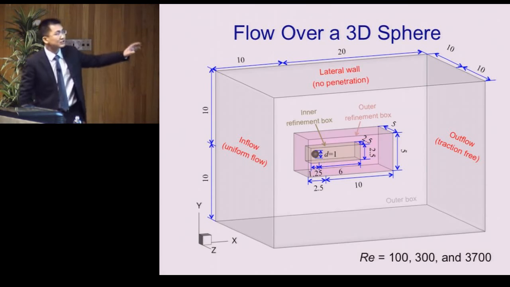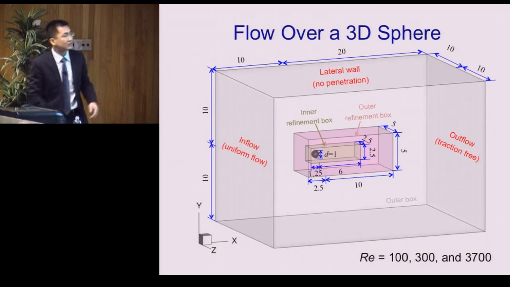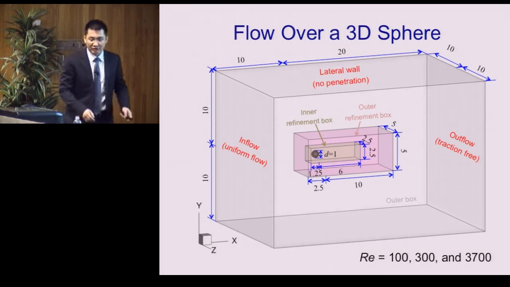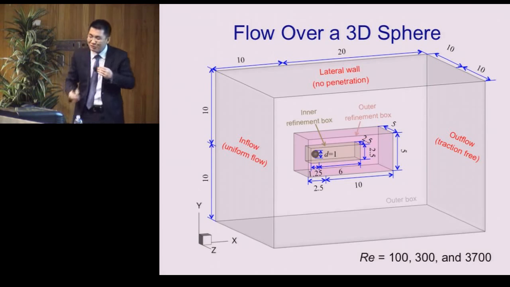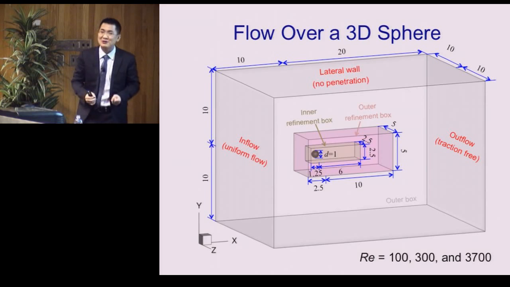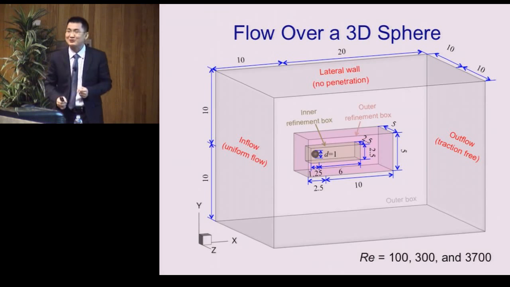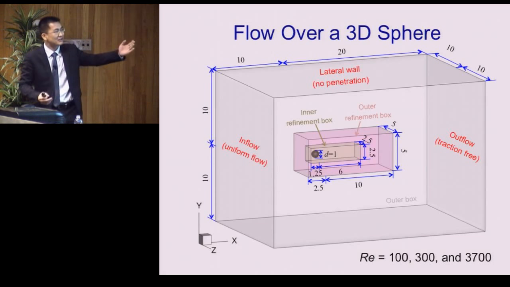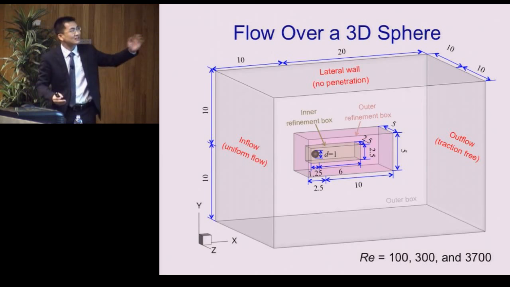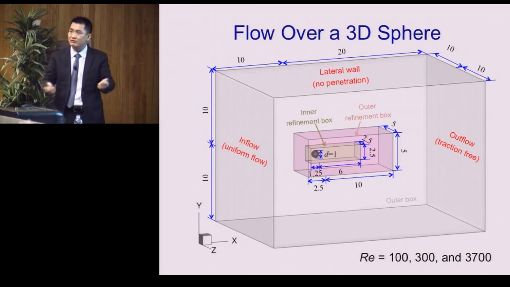Okay. The first example we look at is the flow over a sphere. The reason we do this is, before we move forward to fluid-structure interaction, maybe we should just think about whether we are able to do computational fluid dynamics. Okay, so we took a step back. We just say, okay, there's a very simple flow over a 3D sphere. Some people do flow over a 2D cylinder.